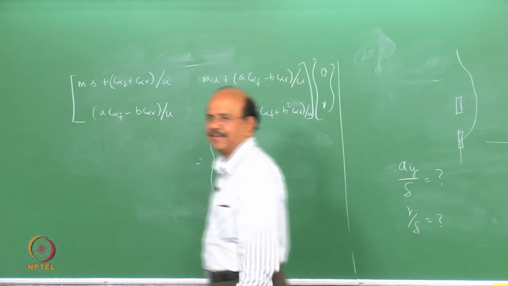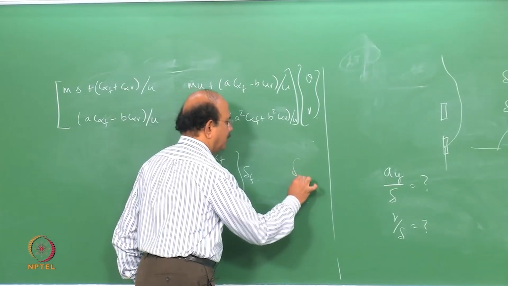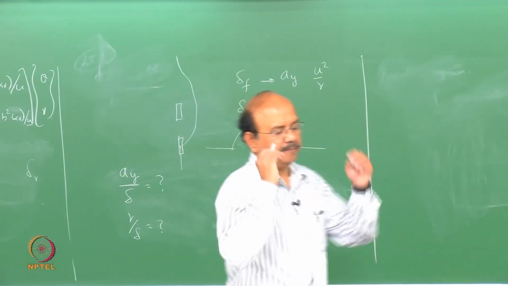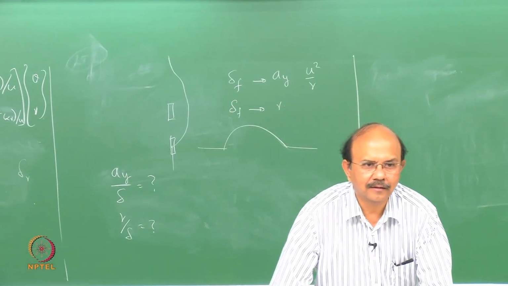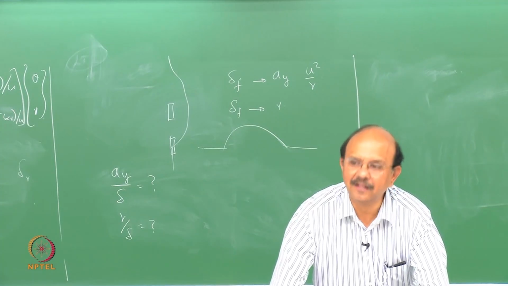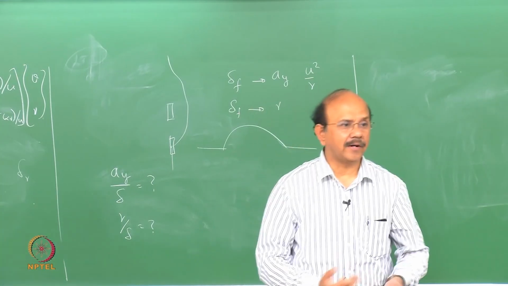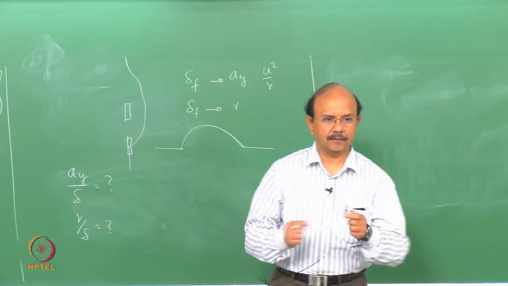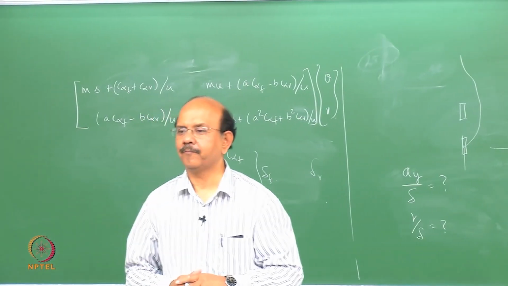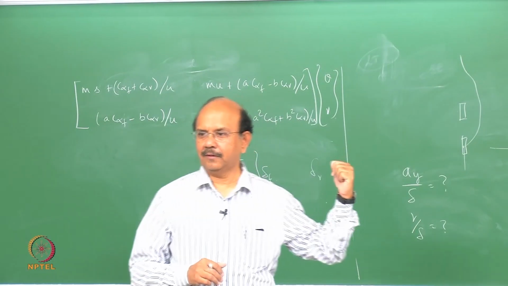Why do I keep writing only delta F? Does it mean that delta R is also there? Yes, I had already told you that delta R can be for a very long vehicle. But interestingly, there is another condition. The cars you drive do not have steering in the rear. But that becomes important when you back up, when you are reversing your car.